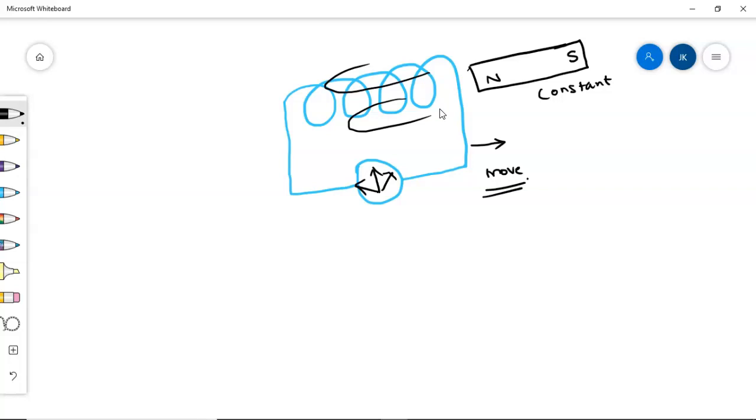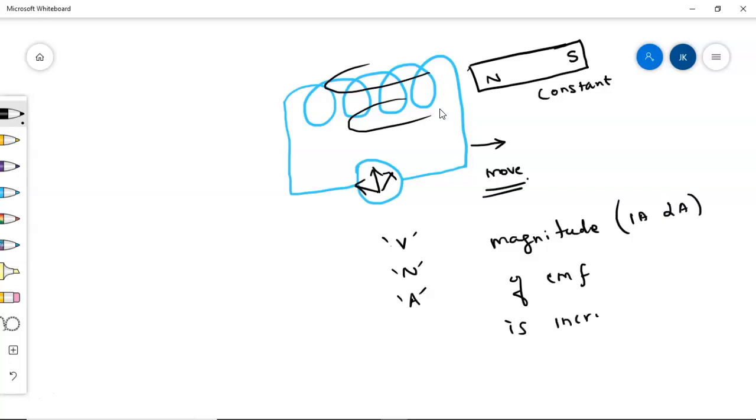The same thing happens as you increase the speed, the number of turns and the area of the coil. You increase the magnitude of EMF. Magnitude means the amount, a number. For example, 1 ampere is increased to 2 ampere. This is the magnitude.